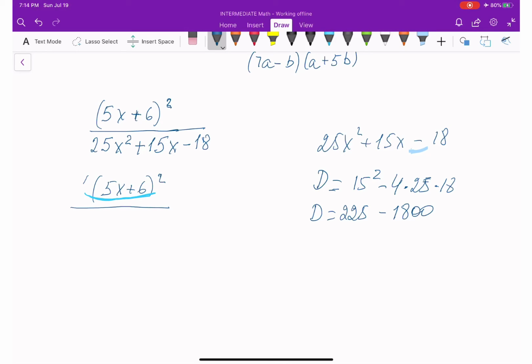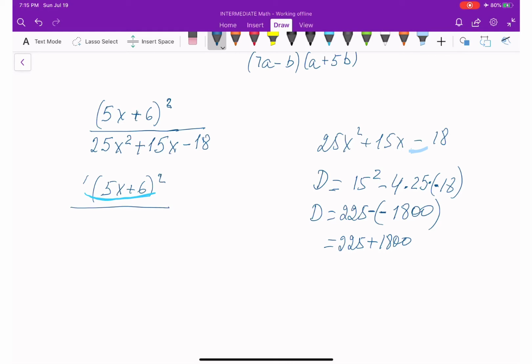Okay, so since it's a minus, and we have minus here, right? Let me put in parentheses: 25 times negative 18, because we have minus. Let me clean this up, make sure it's clean. Okay, so we will end up with 225 plus 1,800.